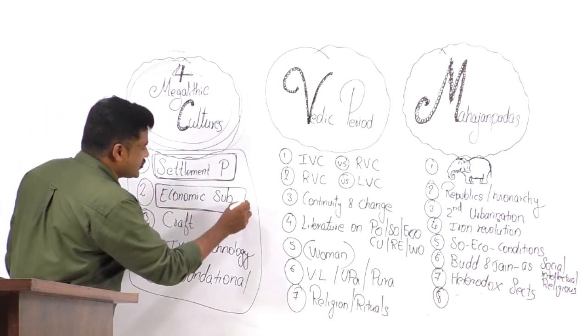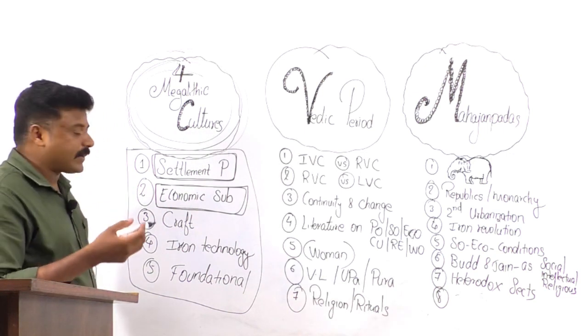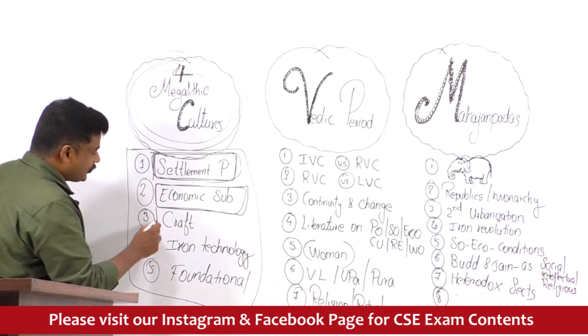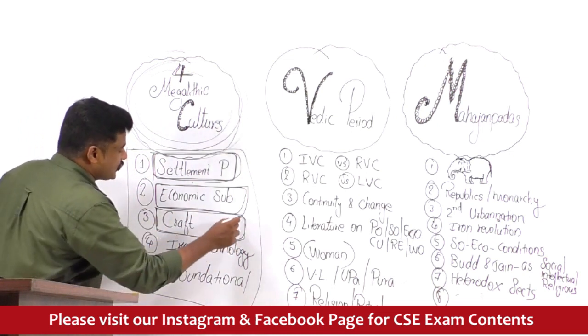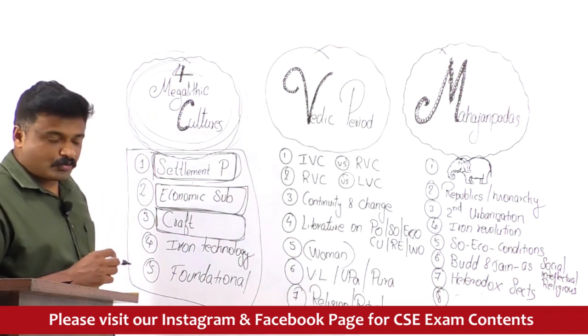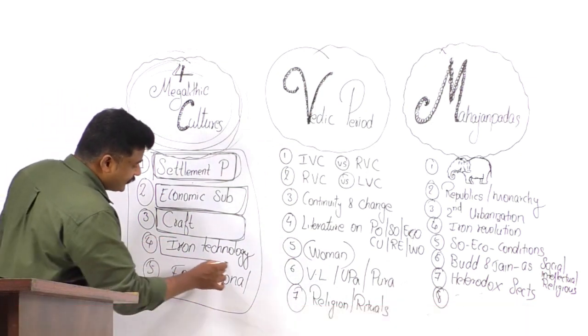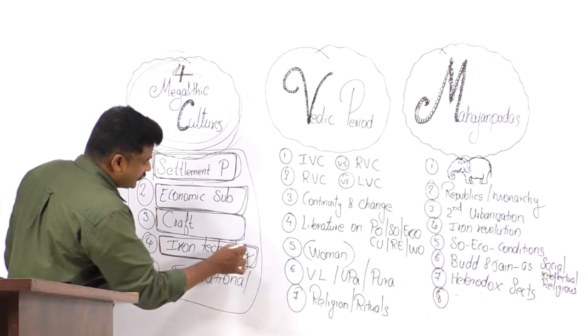UPSC asked questions on the economic subsistence of the people of megalithic culture, about the settlement pattern, then about the craft industries. You should cover the craft industries of these megalithic people. It's a short question, a core area. Then the iron technology of southern peninsular India, the iron technology of these megalithic people.